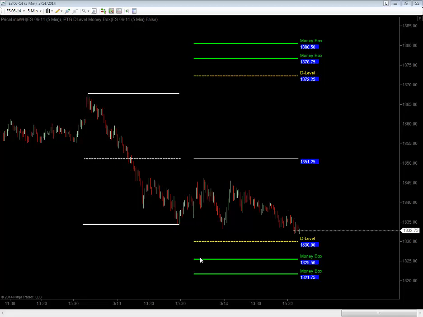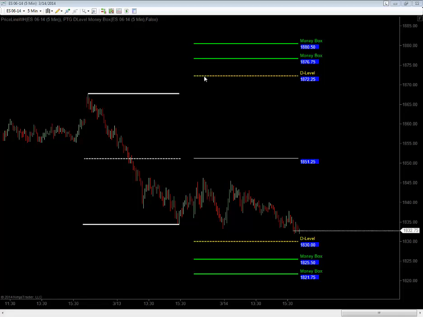Coming into the next day's session, giving the prior high-low levels for the next day, the D level and the money box zones to the upside and to the downside are automatically calculated as of the start of the next morning at 9:30 a.m. They automatically paint.